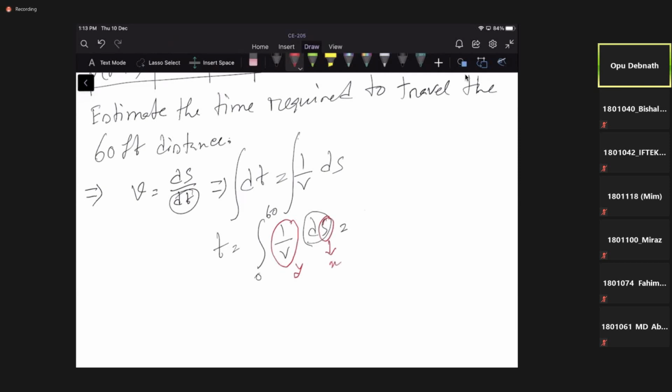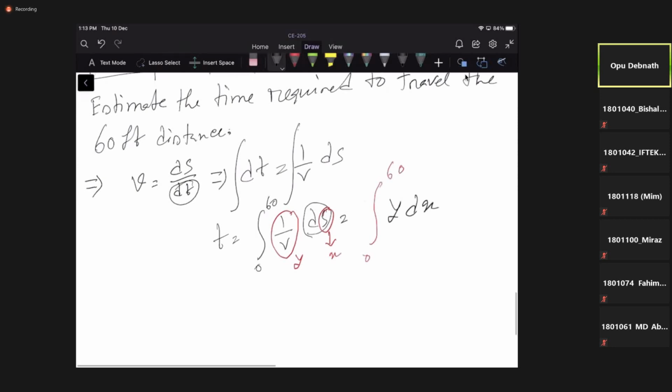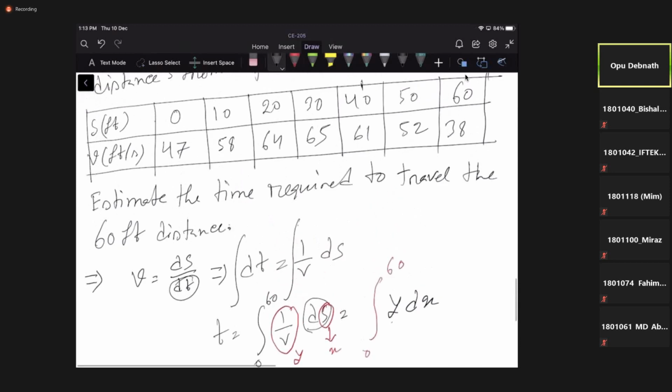So what will become is the integral from 0 to 60 of y dx. Okay, if you represent this as y, so you need to calculate it, I am just removing some part.